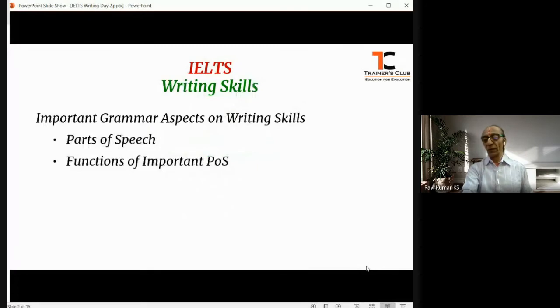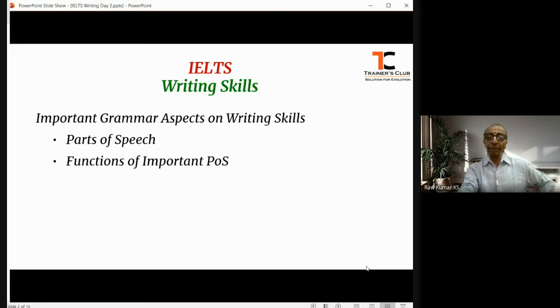So, the important things that we have to focus on here from the writing part of IELTS are the important grammar aspects. Means, what are the aspects in the grammar, what do they mean, that affect the writing skills.